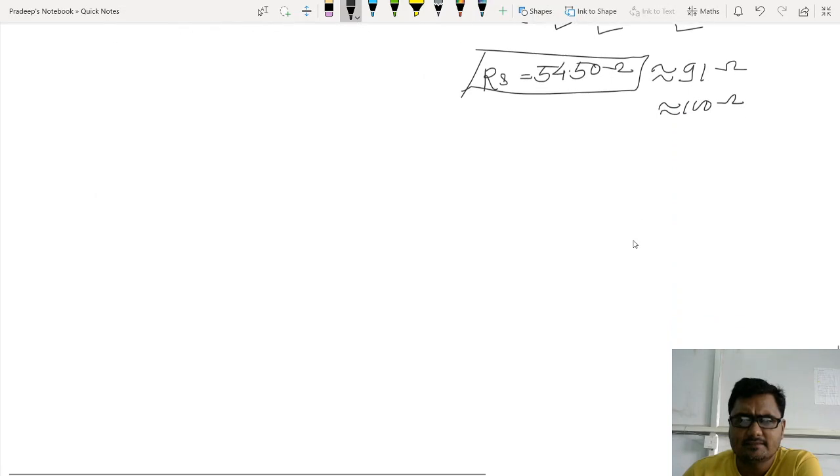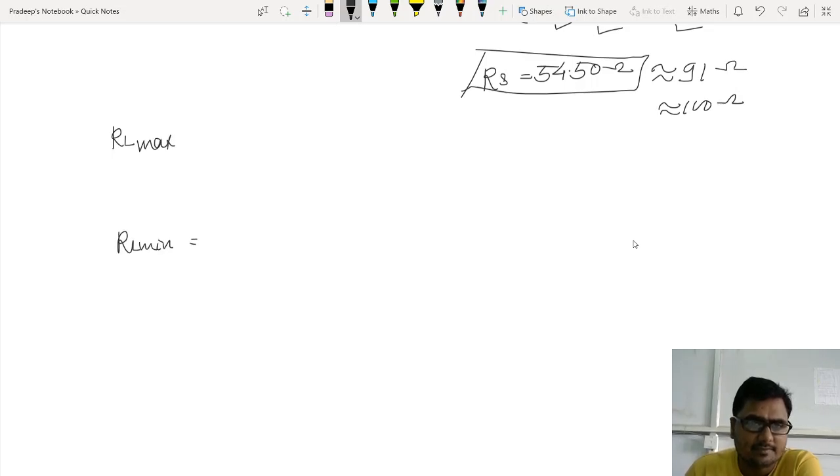Our next job is to calculate the value of the load resistor RL, the maximum value of RL and the minimum value of RL. The maximum value of RL equals the output voltage divided by IL minimum, and the minimum value of the load resistor equals the output voltage divided by IL maximum.